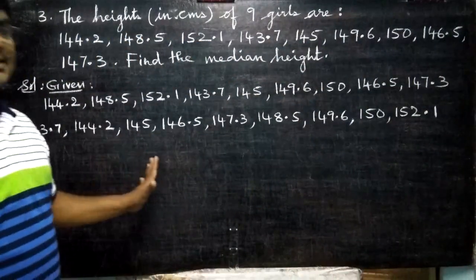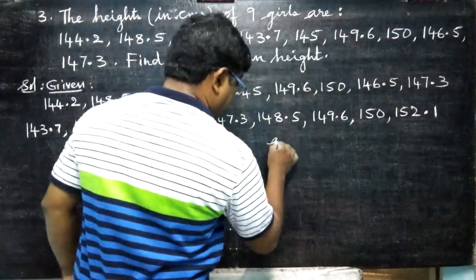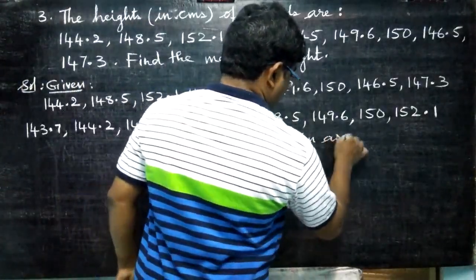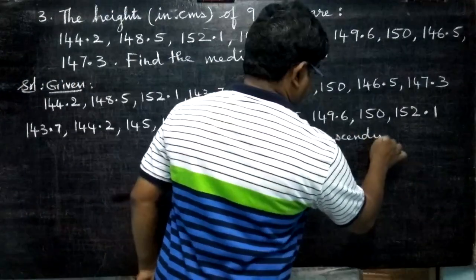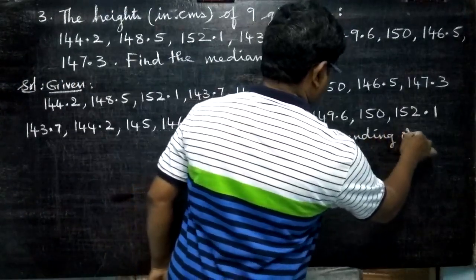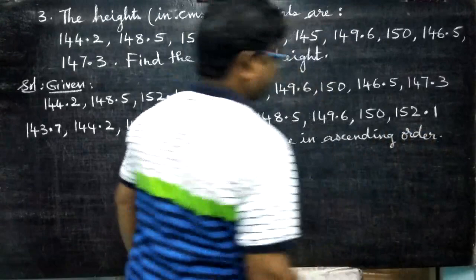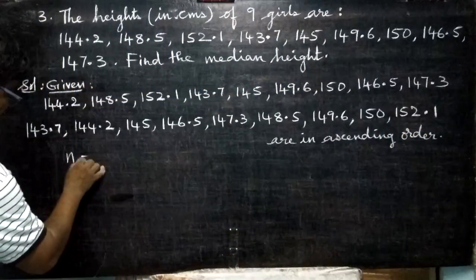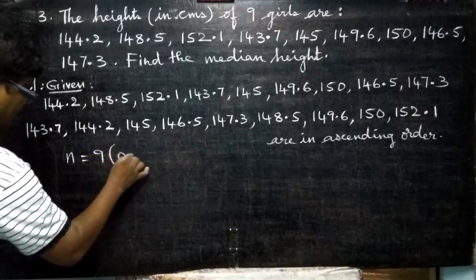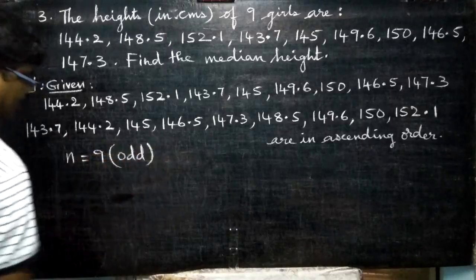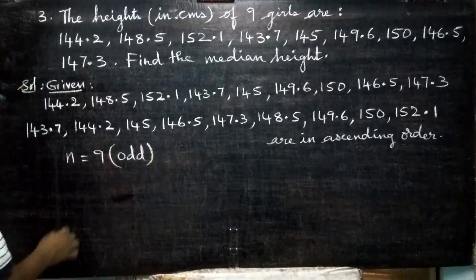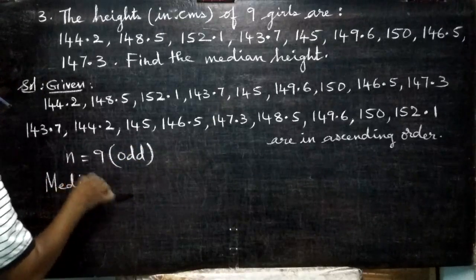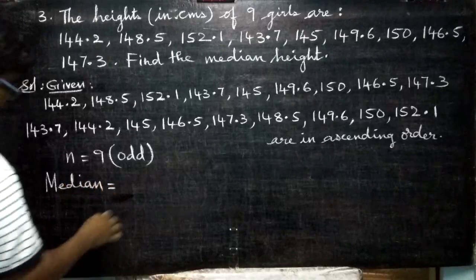You have to check like this. Are in ascending order, compulsory. You have to mention this. After arranging only we can do this problem. N is equal to 9. 9 means what? Odd number. When n is odd, the median formula changes. Even one formula, odd one formula.